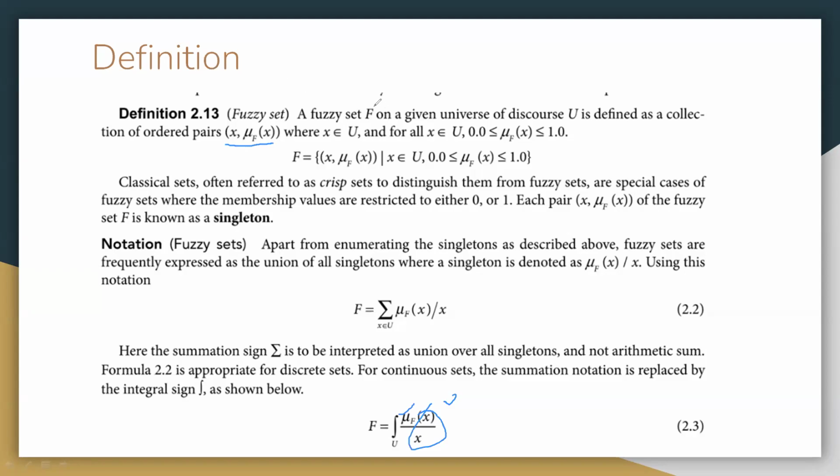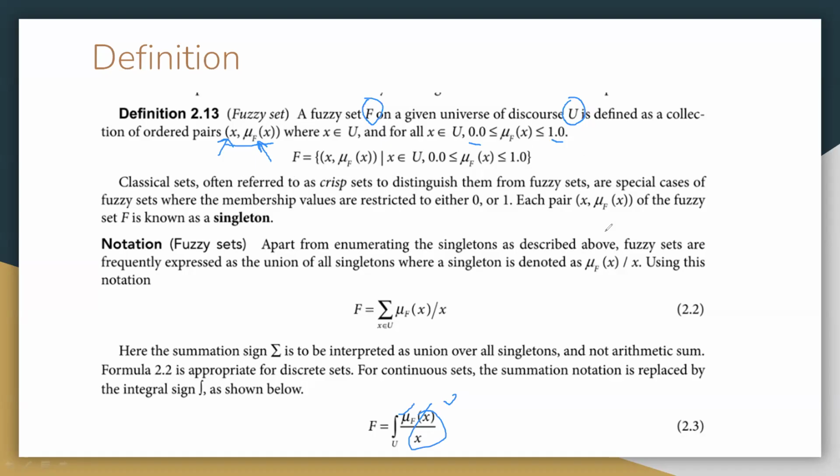So if F is a fuzzy set, and the universe of discourse is U, then for all elements that belong to the set F, each ordered pair is written with the value that is in the set and the degree of membership of that particular value. You write it as an ordered pair like this, where x belongs to U, and the membership function falls between 0 and 1. So that is how we write a fuzzy set.